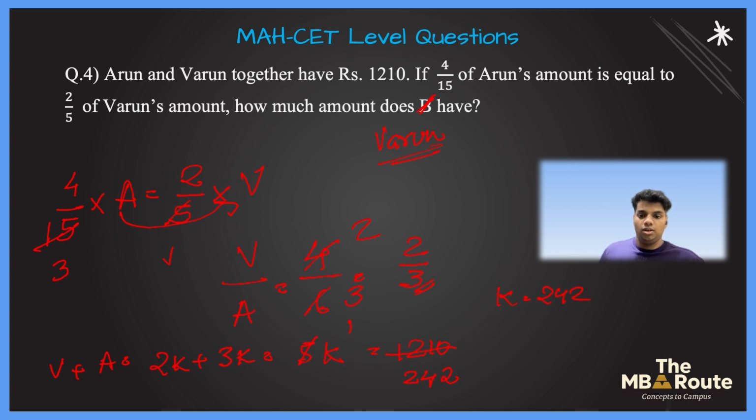And we have to find out Varun's amount. Varun's variable is 2k, so 2k is equal to 484. That is your final answer.